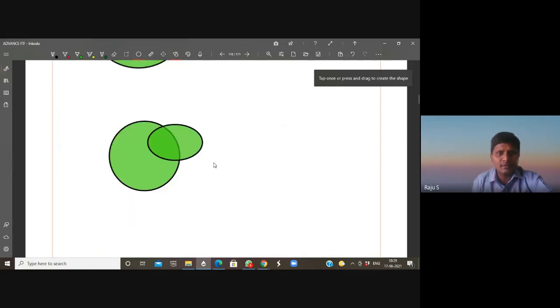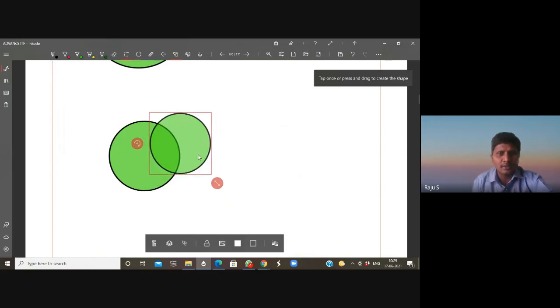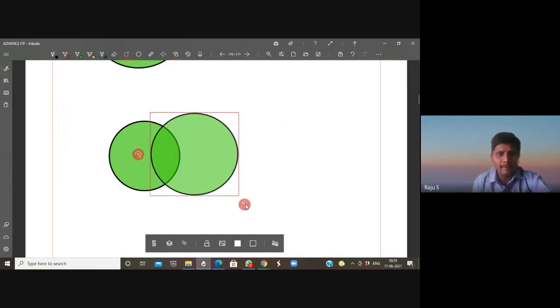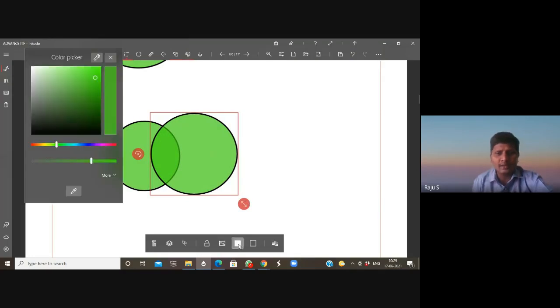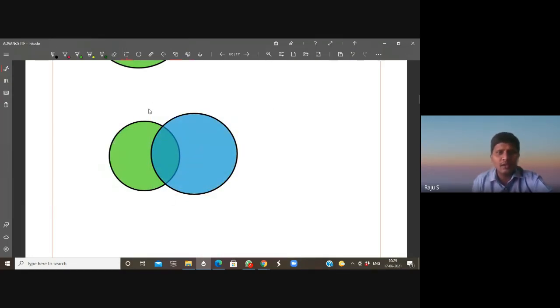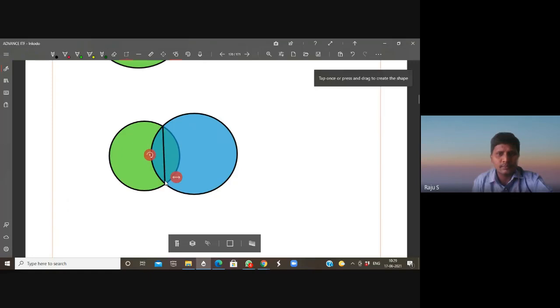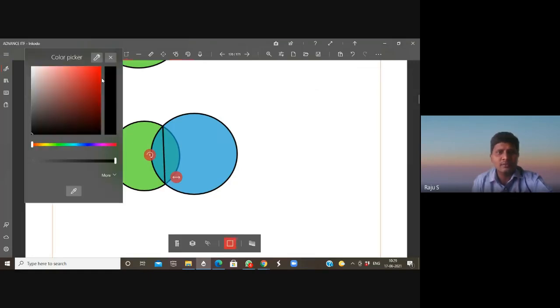Another circle I'm taking like this. So here we get a common chord. What is the common chord here? This is the common chord. Understood?